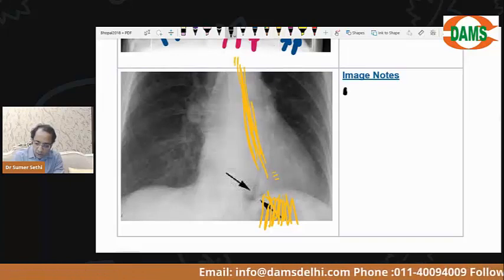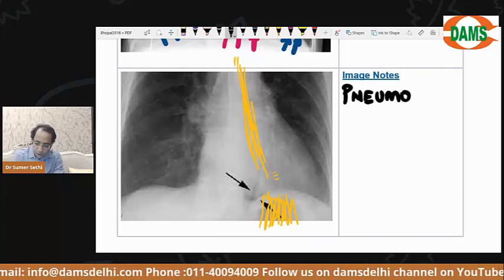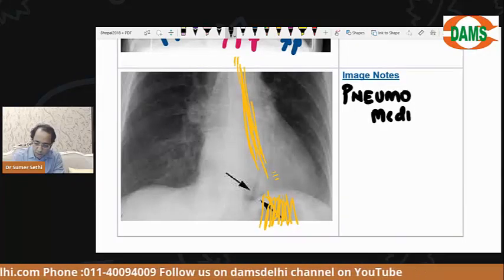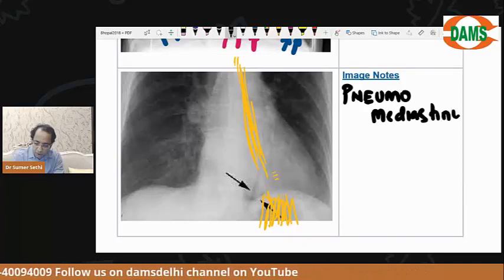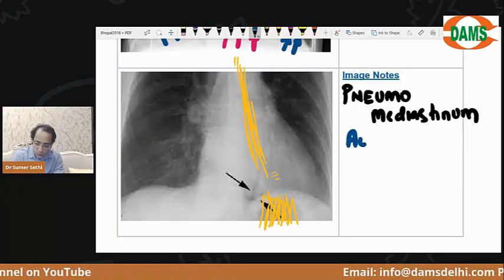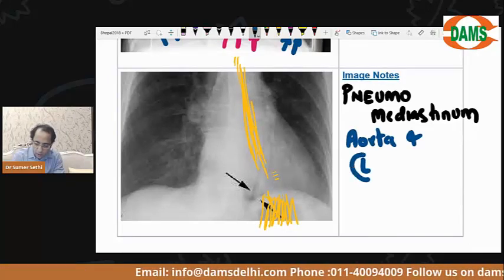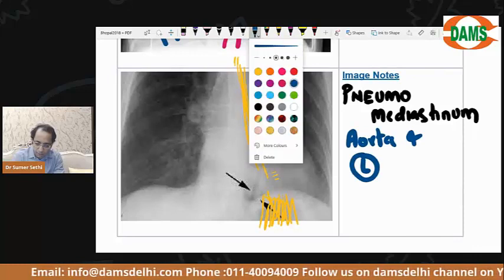If there is pneumomediastinum, especially due to esophageal perforation, you will see air outlining the aorta and left diaphragm.